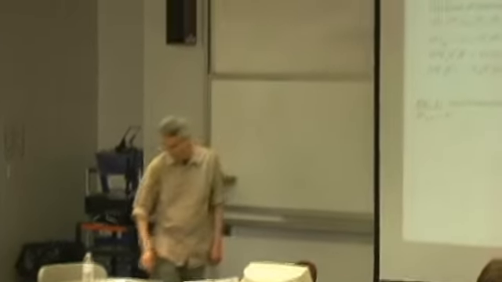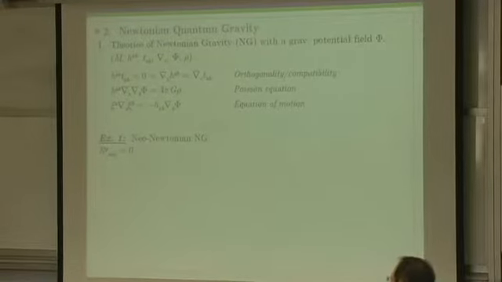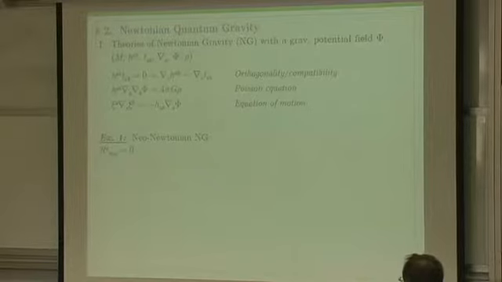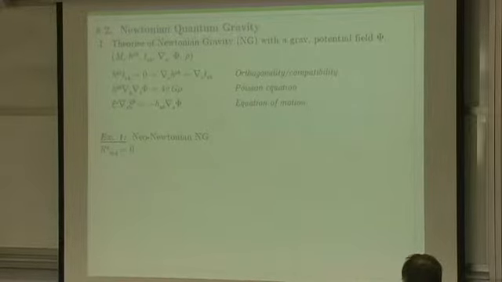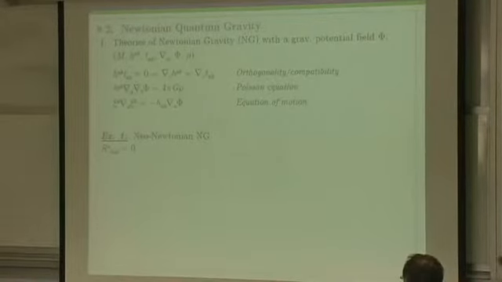So, one example might be called neo-Newtonian Newtonian gravity. This is the standard way Newtonian gravity is formulated. This theory describes Newtonian gravity in terms of a potential field and a mass density defined in spatio-temporally flat neo-Newtonian spacetime.